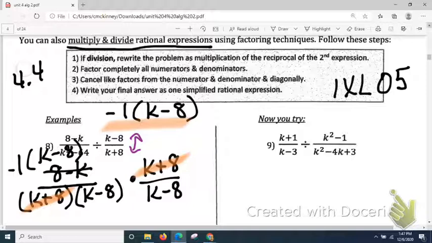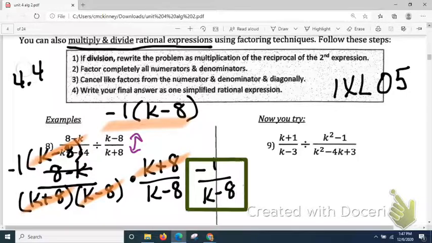Then these could cancel, whether I use this one and this, or I use the bottom of this second fraction. But it's a 1 for 1. I can't cancel both of them. And so this final answer is going to be -1 over k minus 8. And that would be the final answer for that.